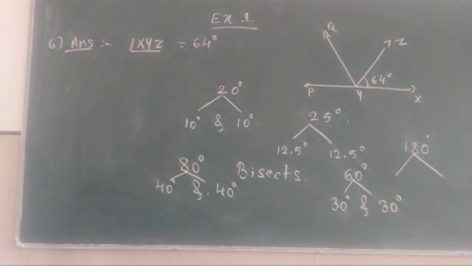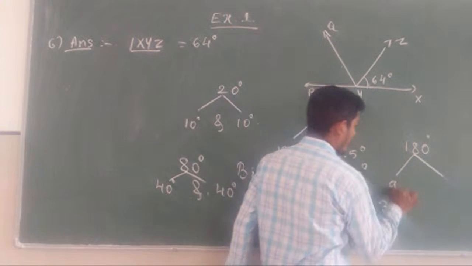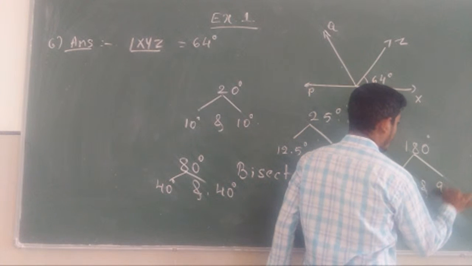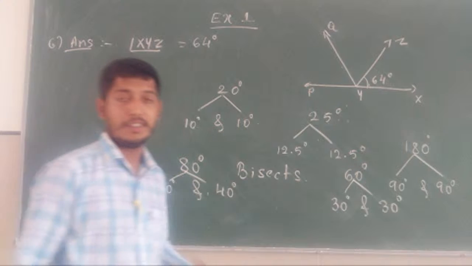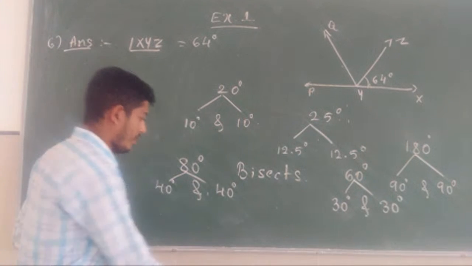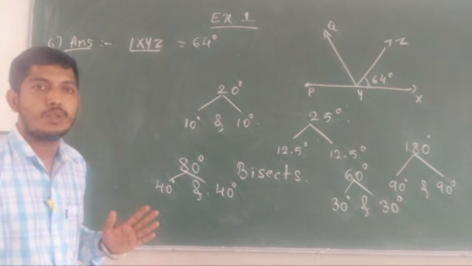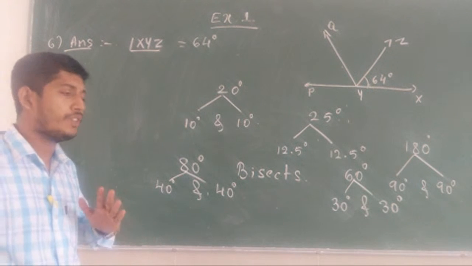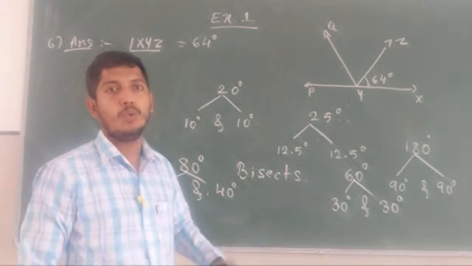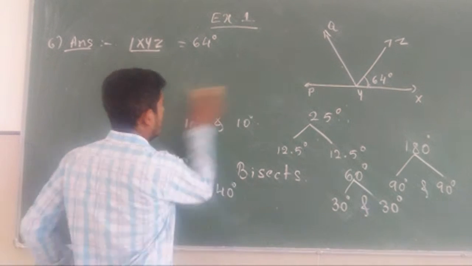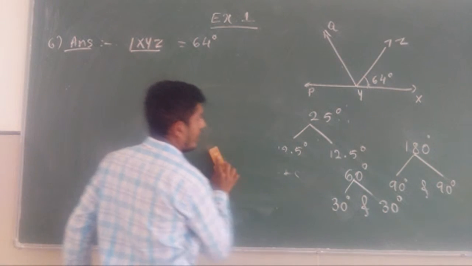How much? It is 90 degree and 90 degree. Okay, this is about the angle bisector. A bisector is a line which divides the complete angle into two equal angles.